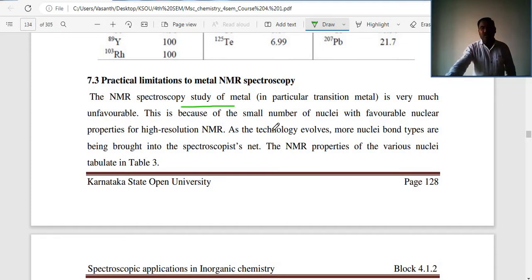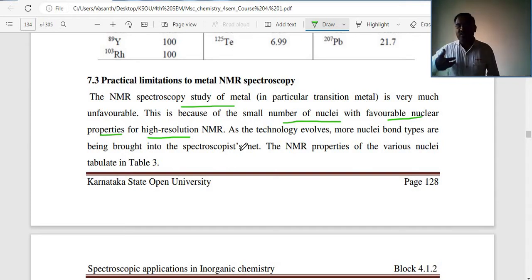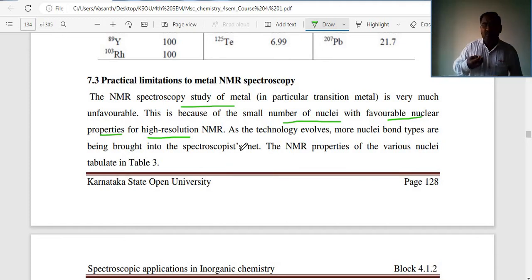This is because of the smaller number of nuclei with favorable nuclear properties for high resolution NMR. As the technology evolves, more nuclei and bond types are being brought into the spectroscopist's nest.